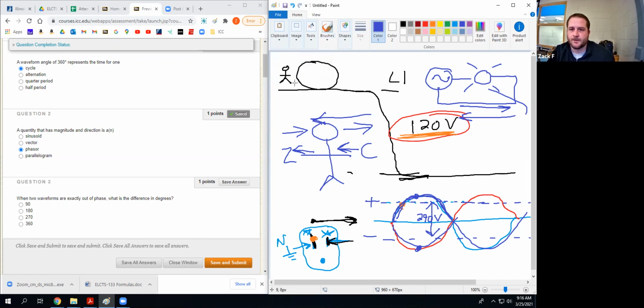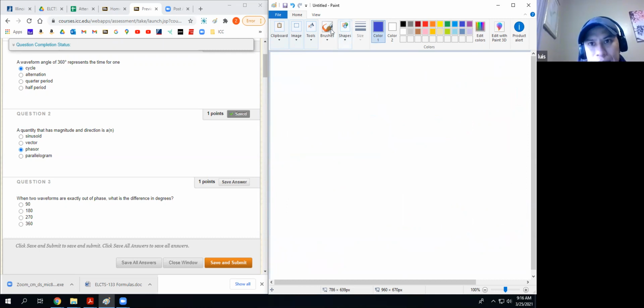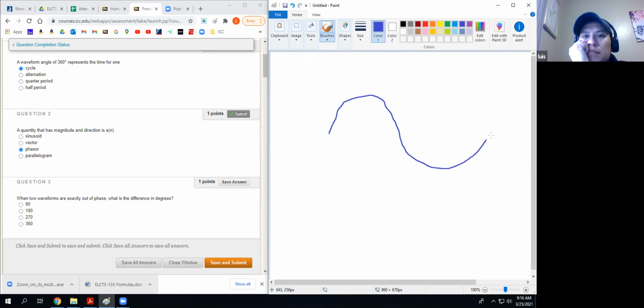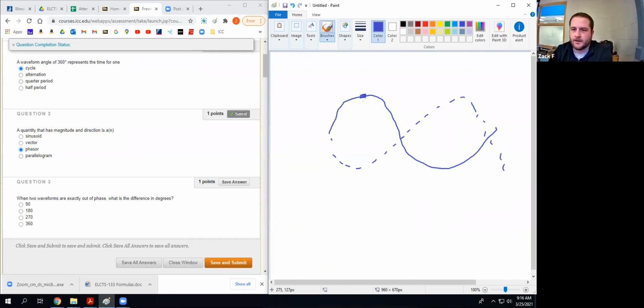Am I making sense or is this confusing? The value right here is just a random value, 100 volts.